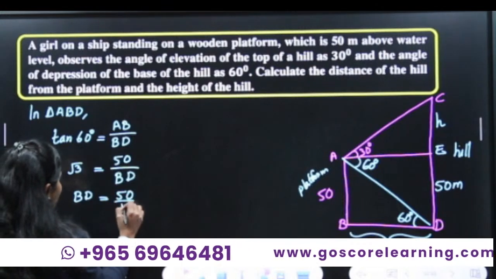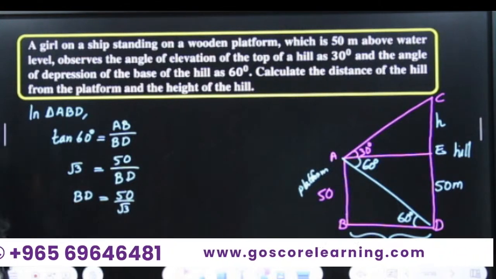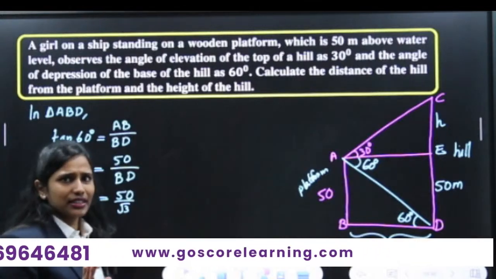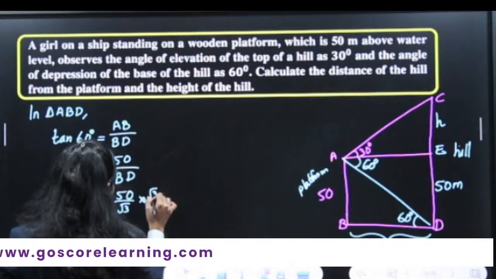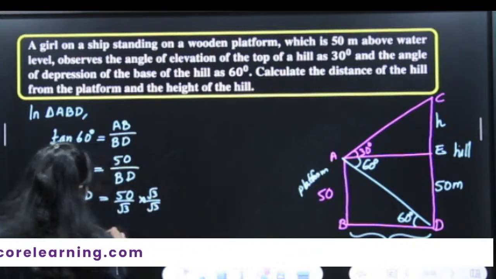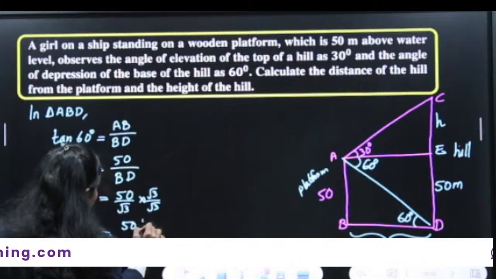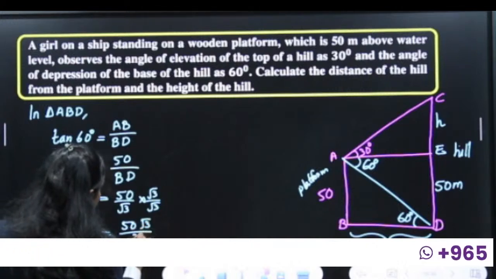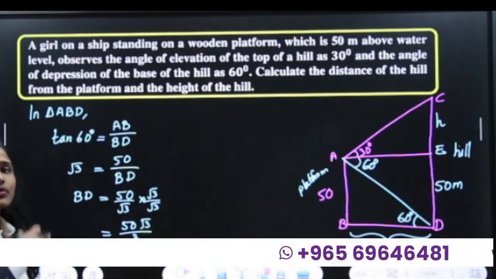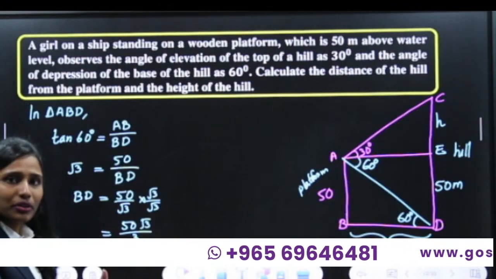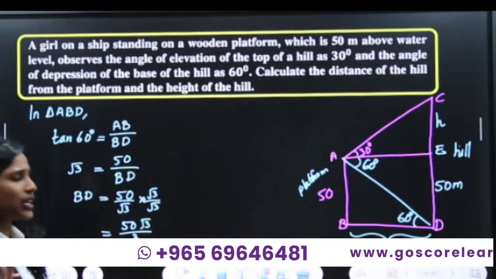50 by root 3, and we don't like irrational numbers in the denominator. So we will multiply it with root 3 divided by root 3. So we will get 50 root 3 divided by 3. Okay, that is BD. What is BD? The distance from platform to the hill. Okay, that is 50 root 3 by 3.